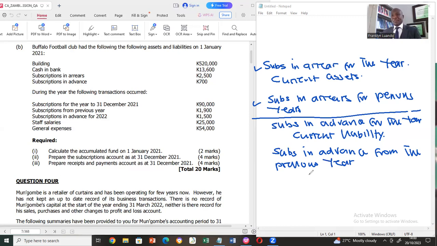This amount is meant for the current year, and it is income for the current year. And it's not going to be shown in the statement of affairs because it was already recognized in the previous year. In this year, it is part of the subscription, part of the income, and therefore it must be added to the subscriptions for the current year. So those are the two issues.